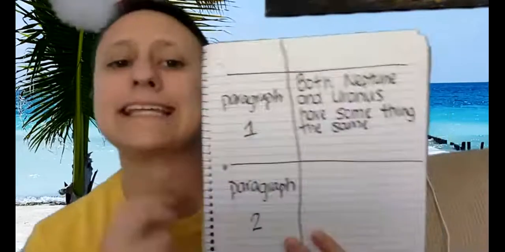So paragraph 1 is both Neptune and Uranus have some things the same. Now you can put that in however way you want, because this is your notes, you don't have to have it say exactly what I say.